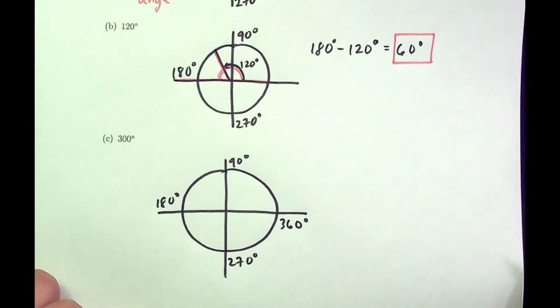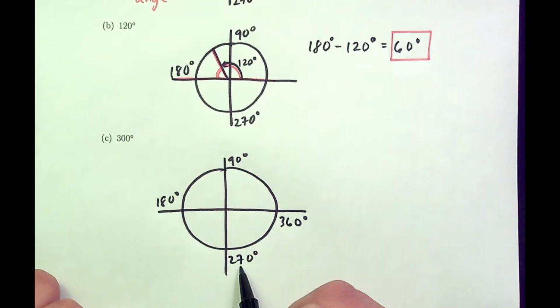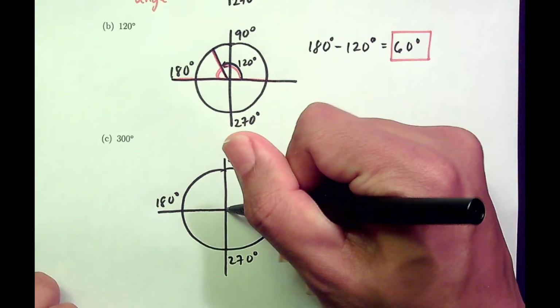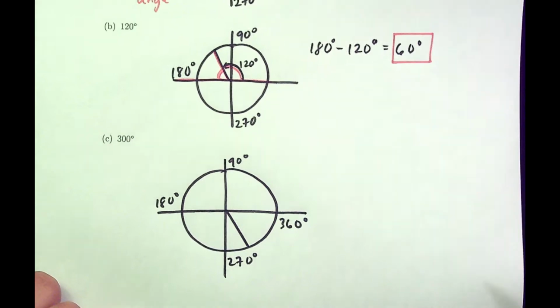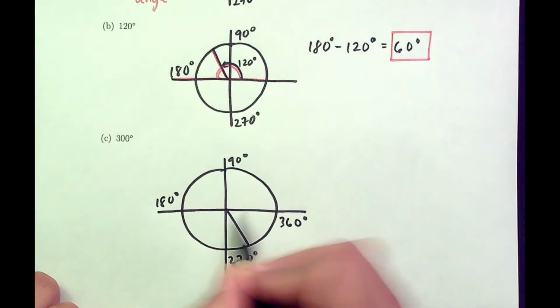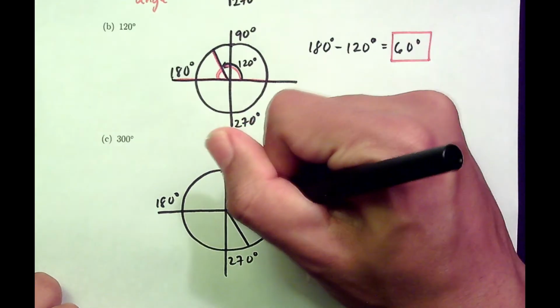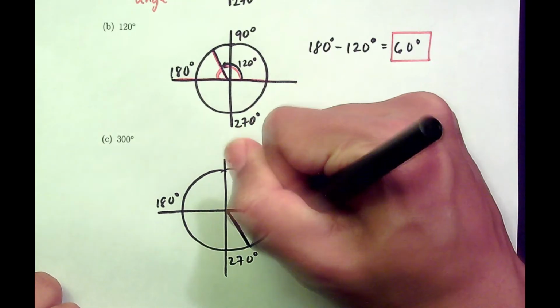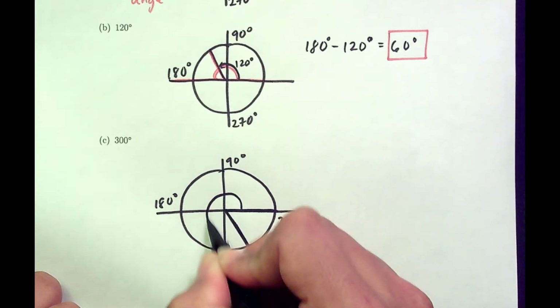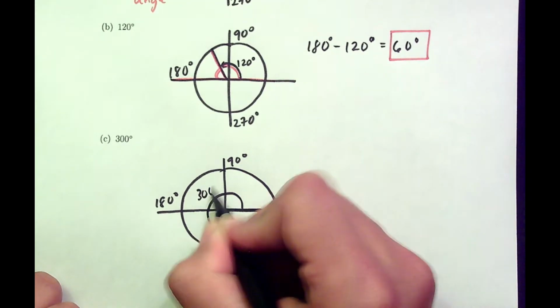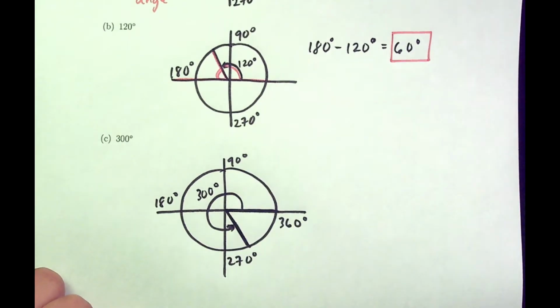So 300 is bigger than 270, but smaller than 360, so that means 300 is somewhere in the fourth quadrant. If I draw this angle, it's going to look like this. And the angle 300 is right here. That's 300 degrees.